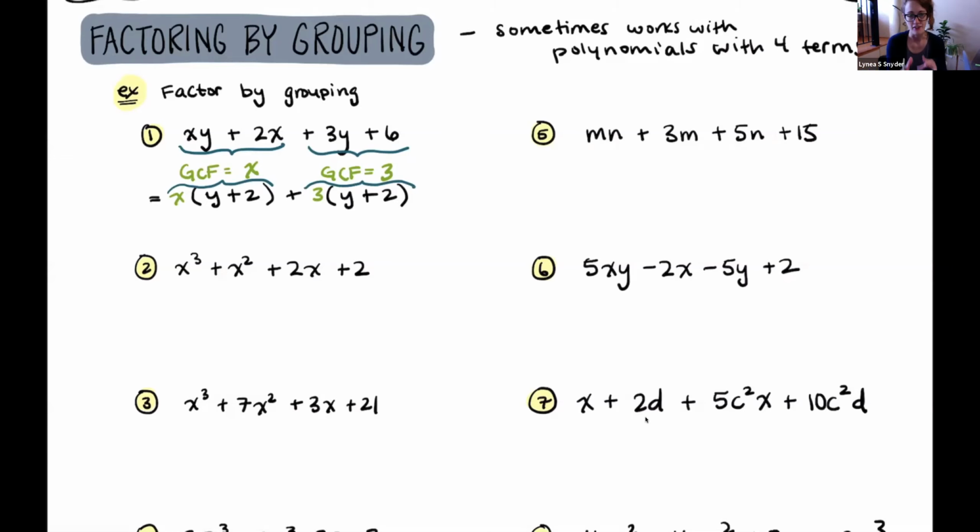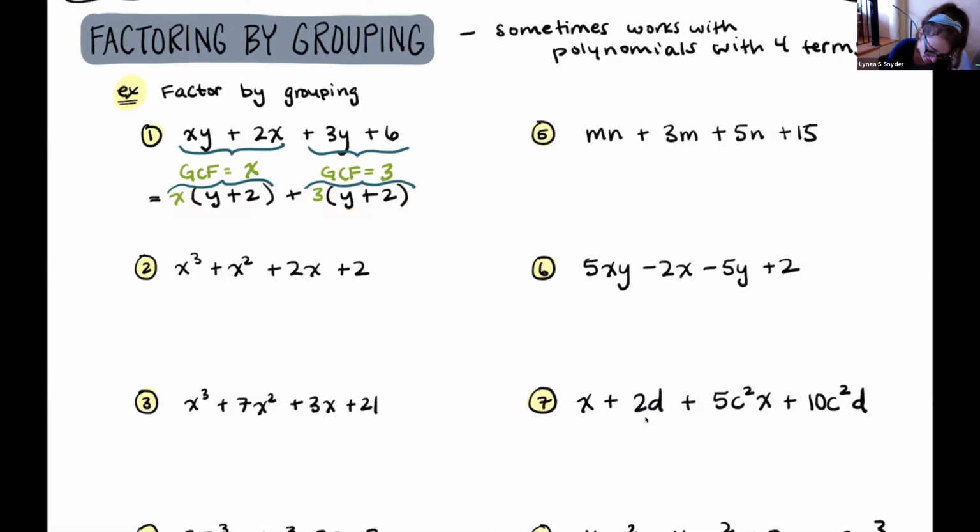Okay, and then if you're lucky, if this works, what you have in the parentheses should be the same in both of the terms separated by the overall plus or the overall minus here. So then, just like in the examples we just looked at, the GCF of this and this is y plus 2.